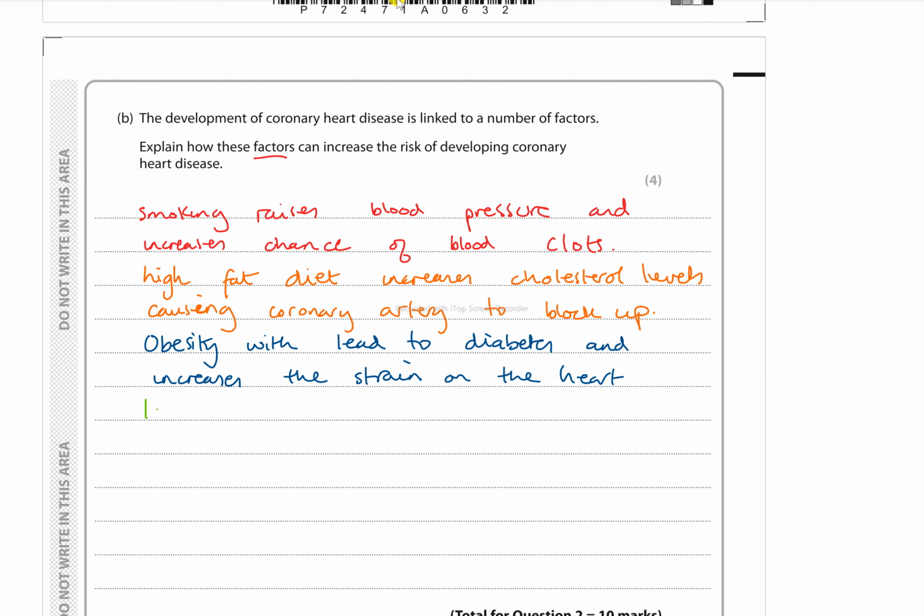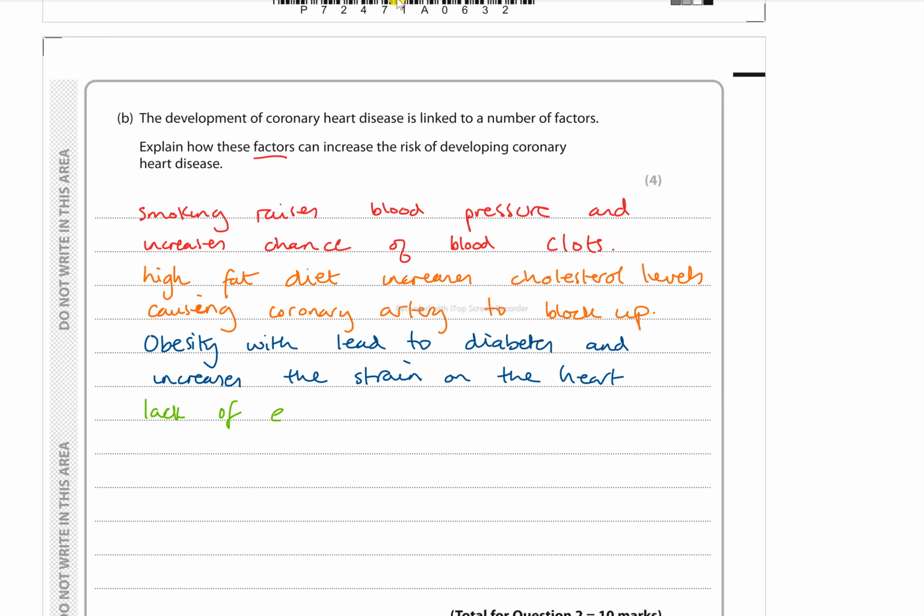Okay, lack of exercise, because the heart is considered a muscle, and you need to exercise it to keep it in good condition.